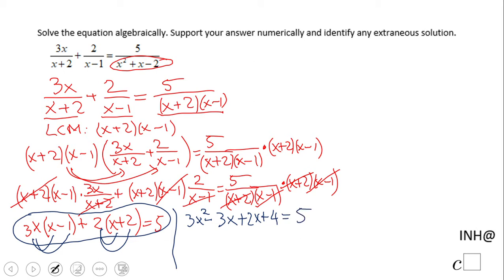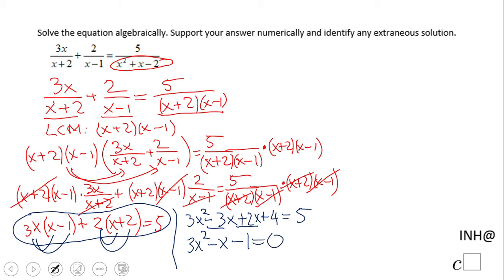So we can do a couple things here. First, combine these two guys, which is going to give me 3x squared minus x, and then subtract 5 on both sides. So we're going to have minus 1 equals 0.